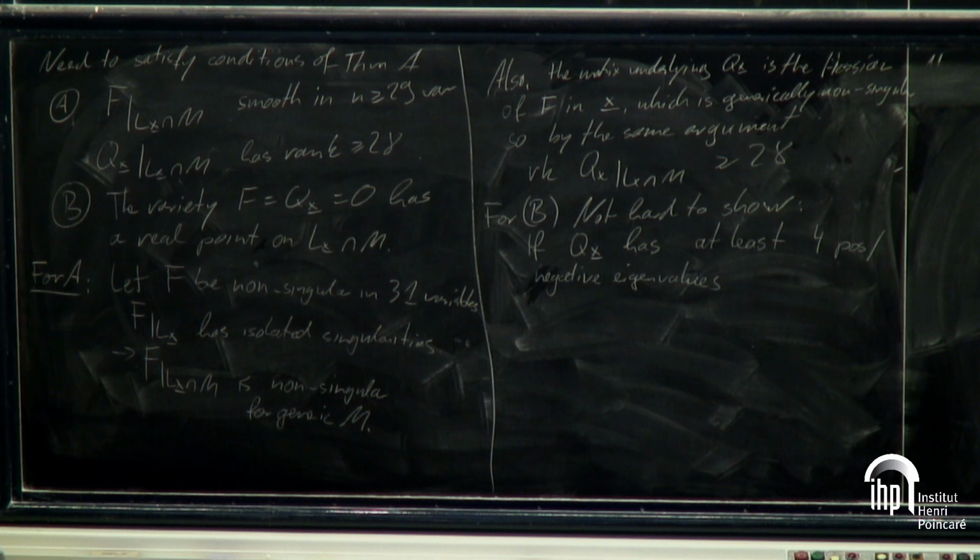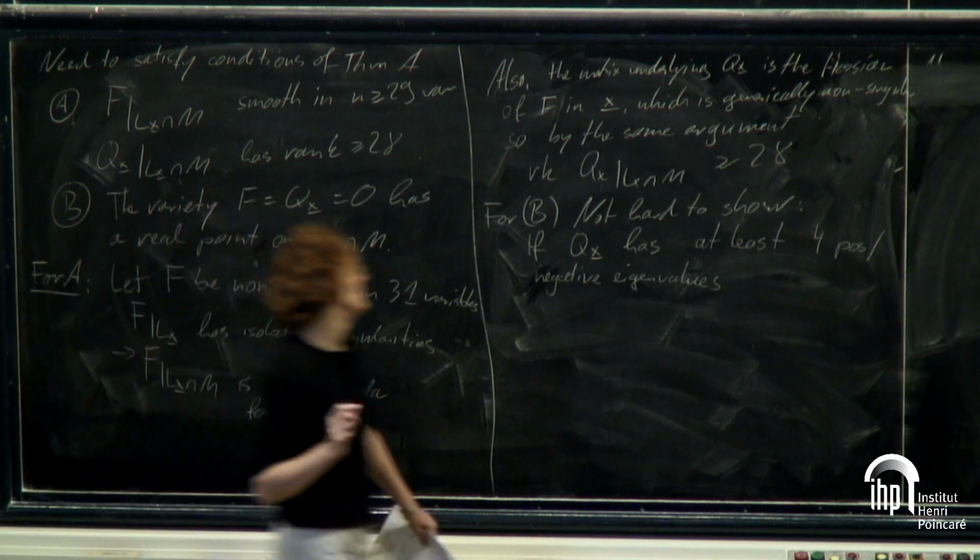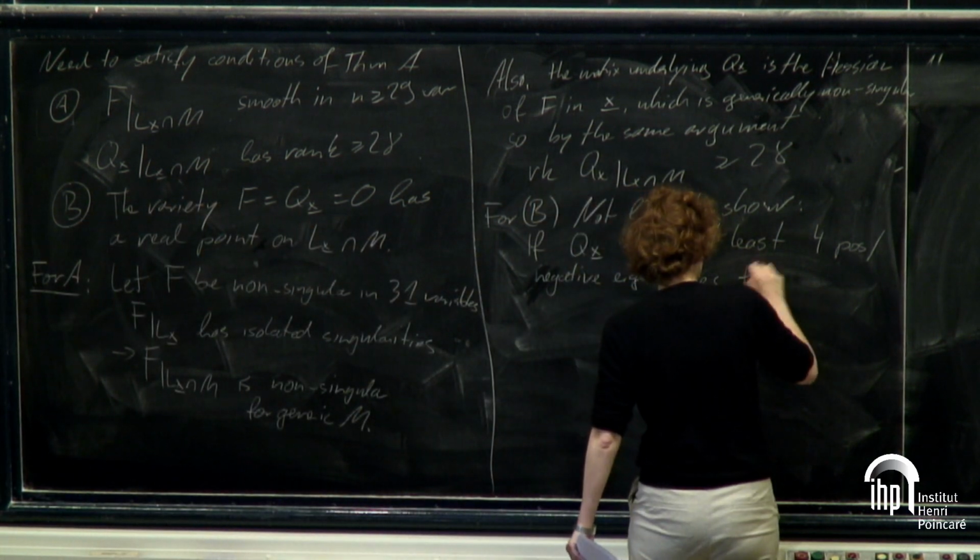Sorry. But I guess it's clear from context. So if we have at least 4 eigenvalues of every sign, then we can intersect with the 2 hyperplanes, and we're still going to have 2 of every sign at least. And this is crude.